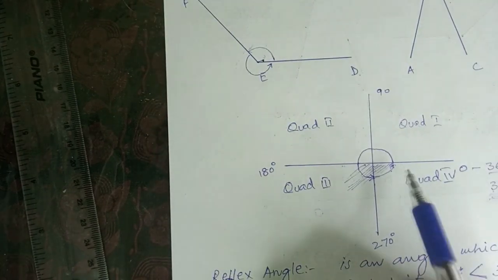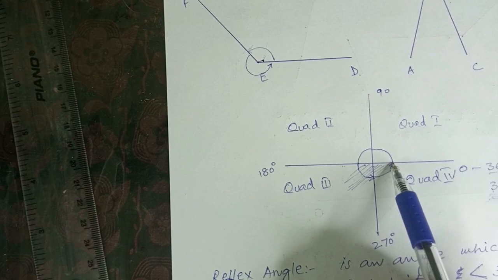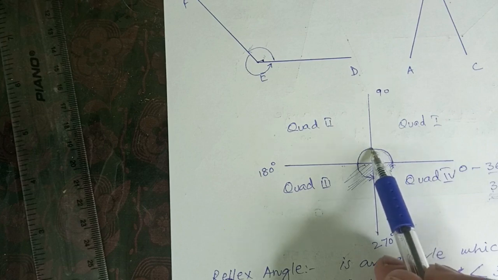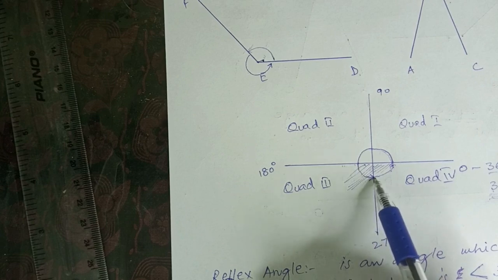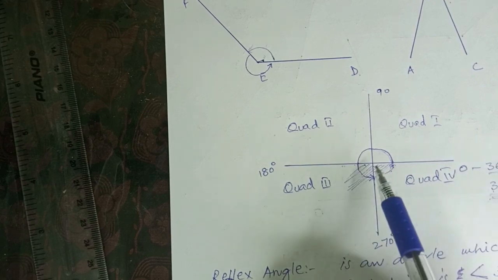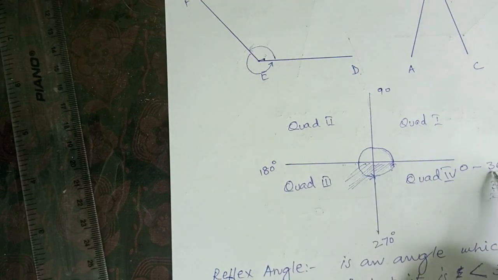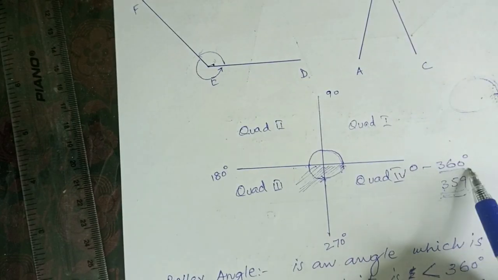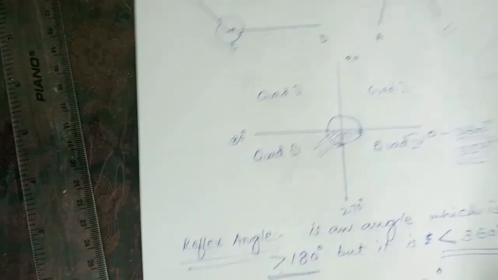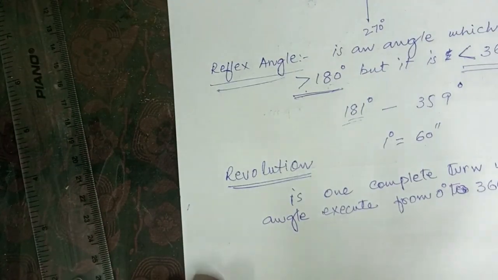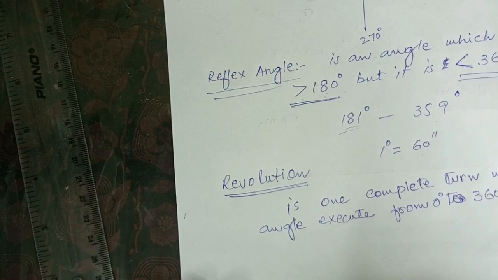What does it mean? That if an angle travels from here to 90 degrees, it crosses 90 degrees, it crosses 180 degrees, it crosses 270 degrees, and it reaches back to the 360 mark, then it is said that it has completed one revolution.